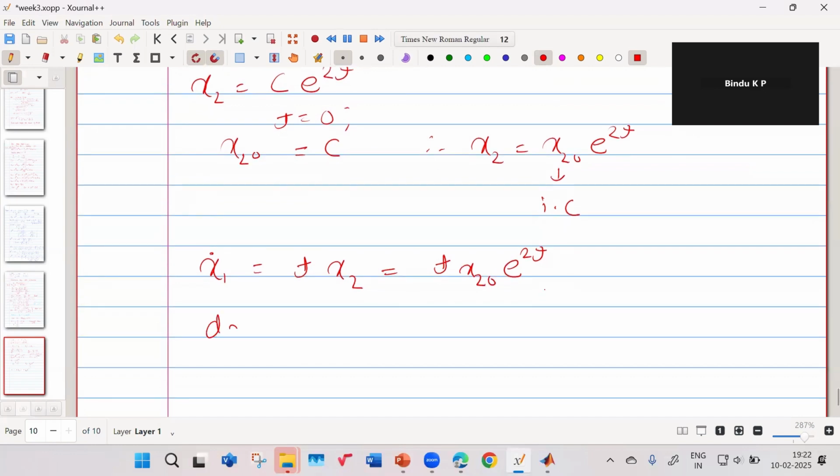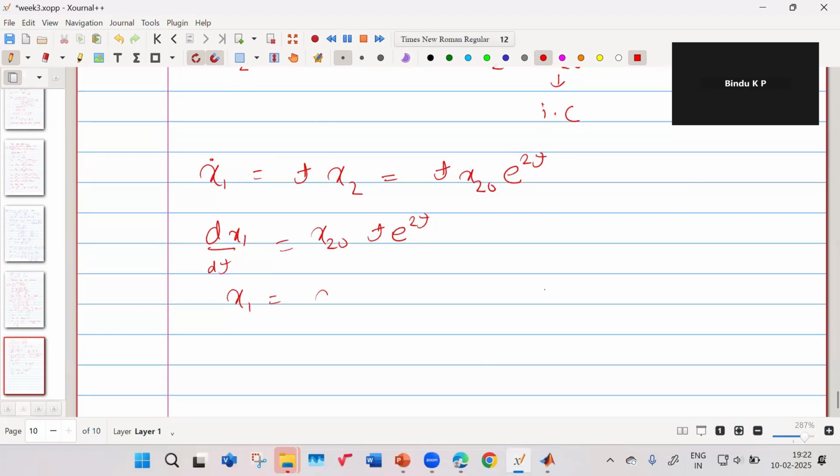So dx1 by dt is equal to x2(0) into t e to the power 2t, so our x1 is x2(0) times the integration of t into e to the power 2t dt. How do we integrate this? If I'm not wrong, we have to do integration by parts.